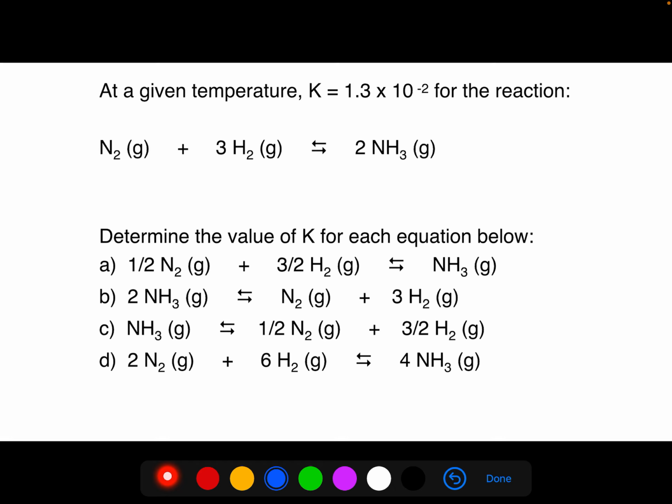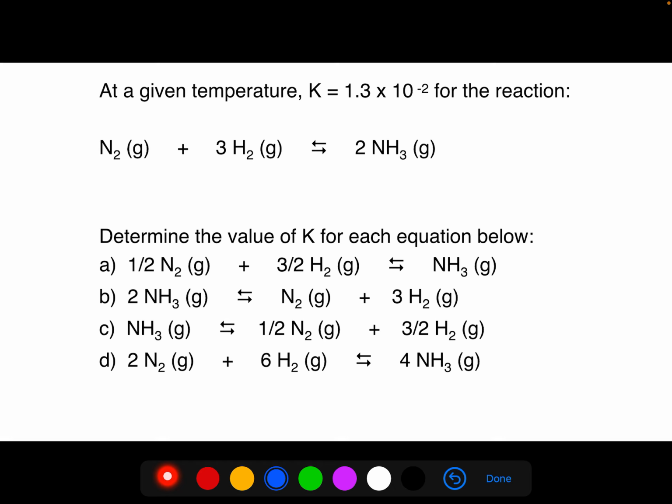So you have to look and see what happened from the original equation to the one that we're looking at. So if we're looking at letter A, all of the substances are on the same side. Nitrogen is still a reactant, hydrogen is still a reactant, ammonia is still a product.